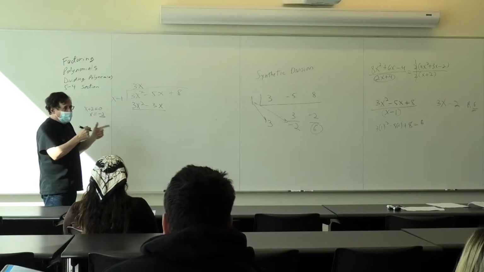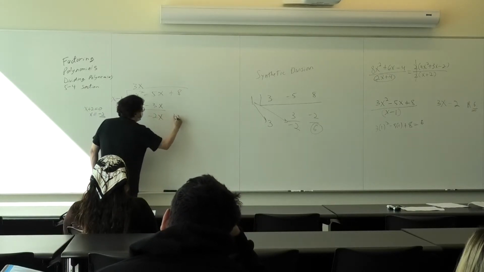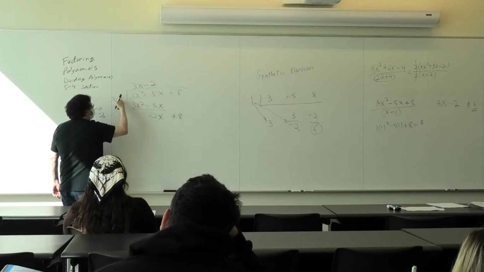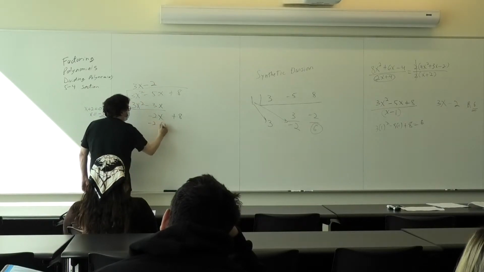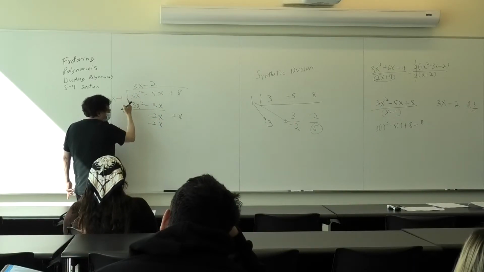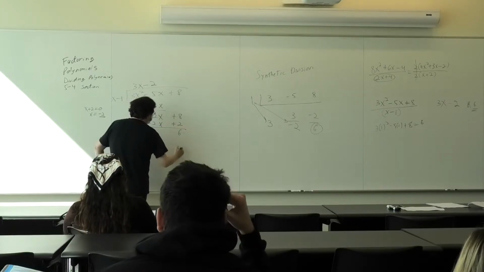So negative 5 plus 3 is negative 2. And here we have negative 2x, negative 2 times negative 2 again. Watch out. That's positive 2. You subtract, we get 6.